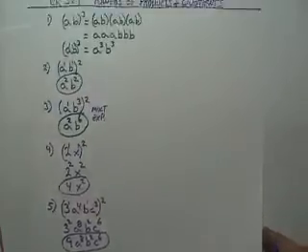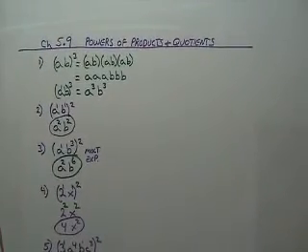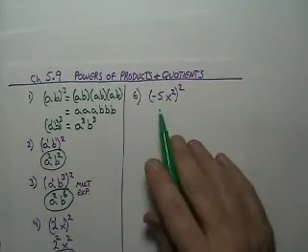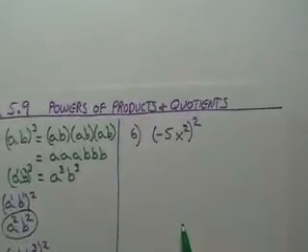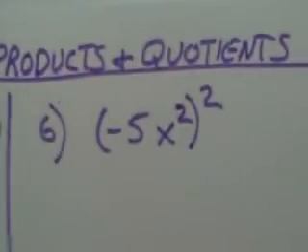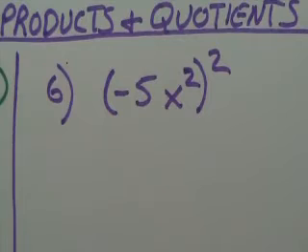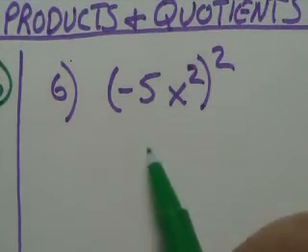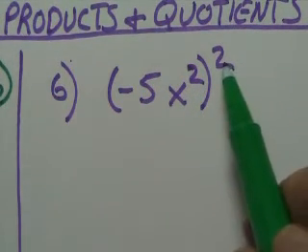Okay, I've run out of room, so I'm going to go to the top of my paper. Now let's see how we deal with negatives. This time we have negative 5 x squared, and all of that squared.